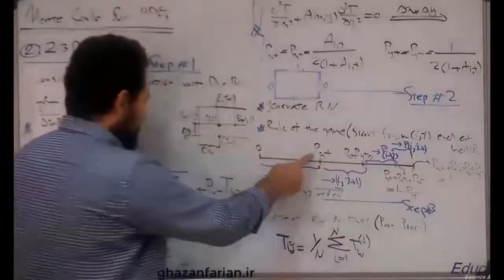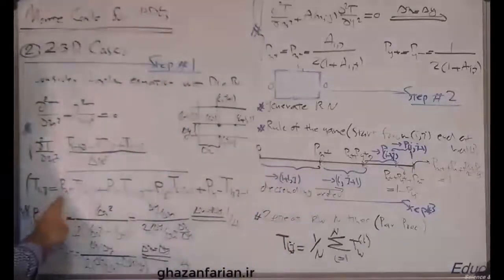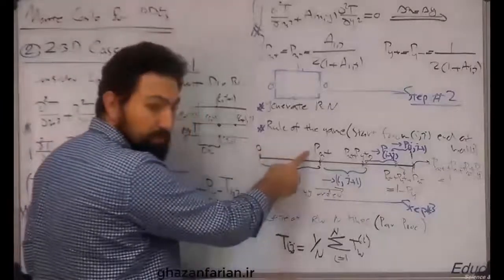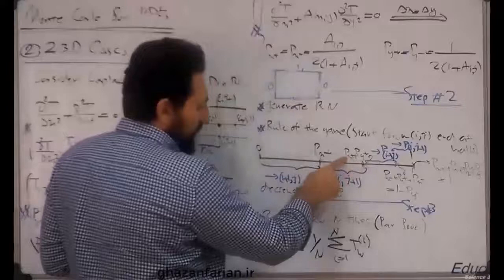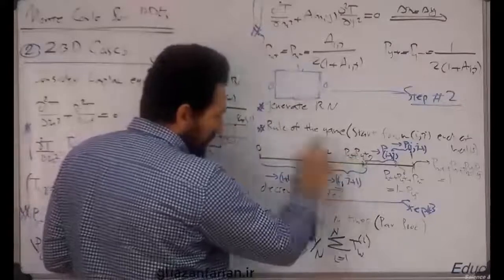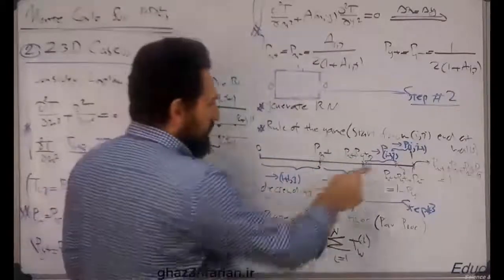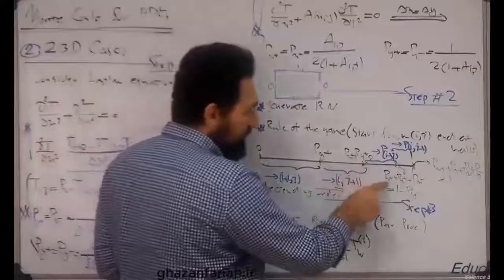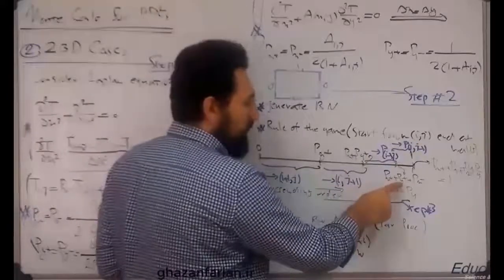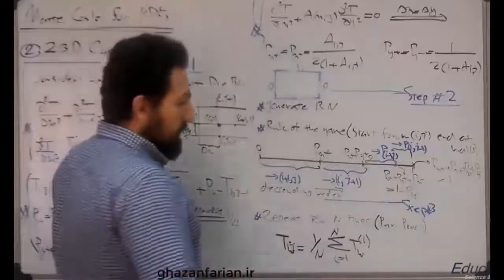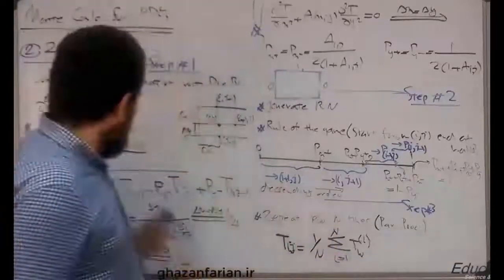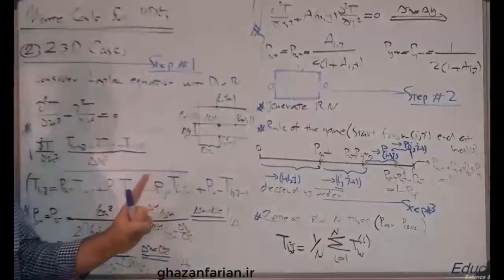This coefficient here is p sub x plus. I have written p sub x plus here. The second one is p sub x plus plus p sub y plus. The third one is p sub x plus plus p sub y plus plus p sub x minus. As you know, the sum of all of the four coefficients is 1.